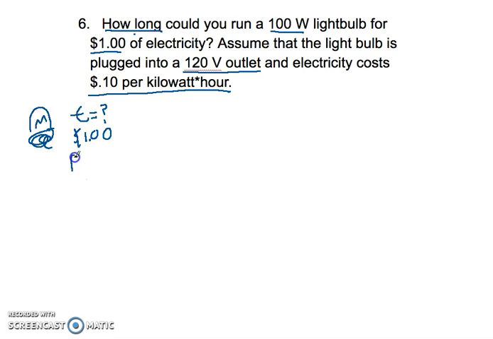We know that the power of the light bulb is 100 W, 100 watts. We know that the voltage is 120, it's plugged into a 120-volt outlet. And we know the rate of electricity is going to be 10 cents per kilowatt-hour. So that's all the stuff we know.